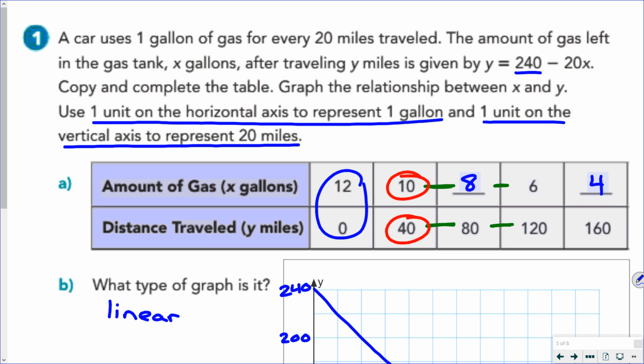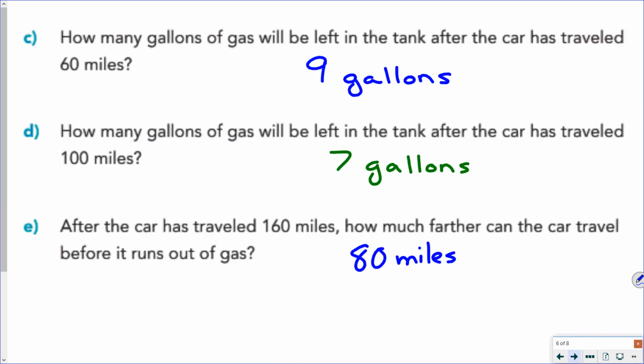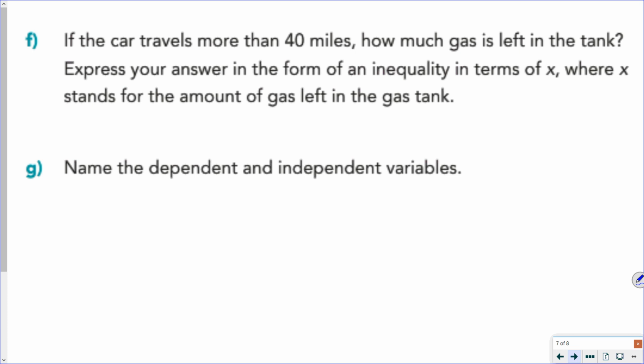So we want to figure out how much gas is left in the tank. So we know that x is going to be compared to 10. Well, if we travel more than 40 miles, we're not going to be equal to that, but the more we travel, the less fuel we have. So x would actually be less than 10.